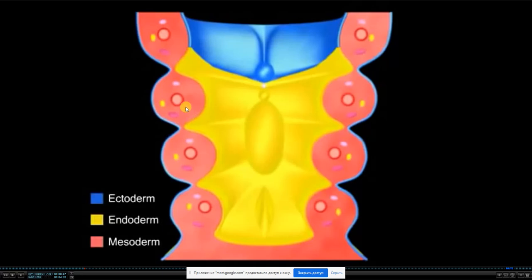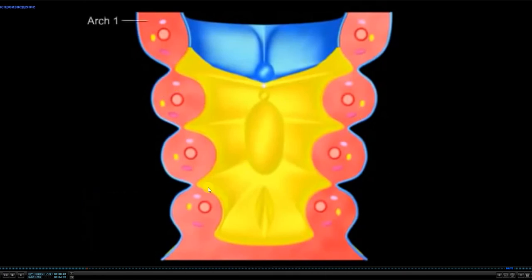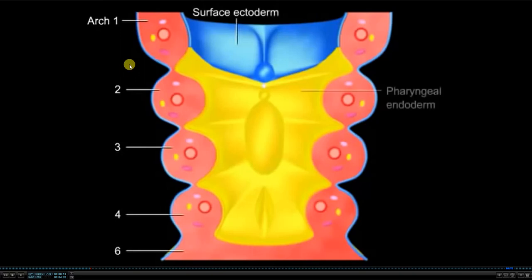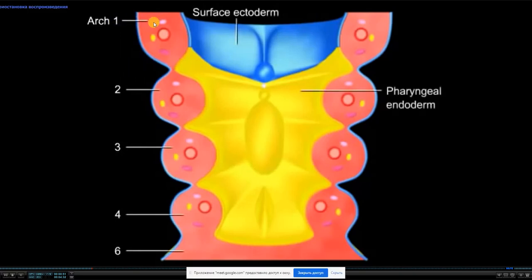Primordial cartilage is formed here in each pharyngeal arch. So you see a very strange situation: arch 1, arch 2, arch 3, arch 4 and arch 6, because arch 5 is fused and not developed in humans. And here you see the laryngotracheal groove.